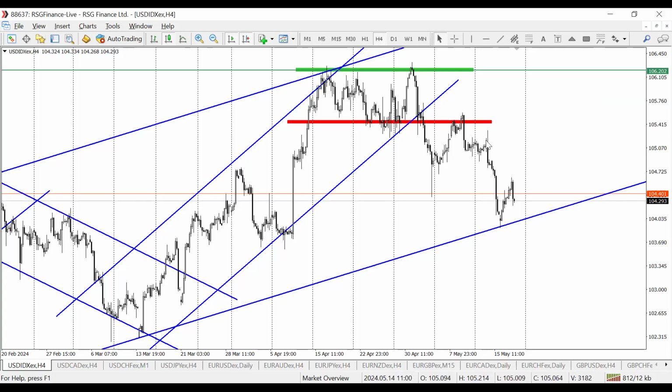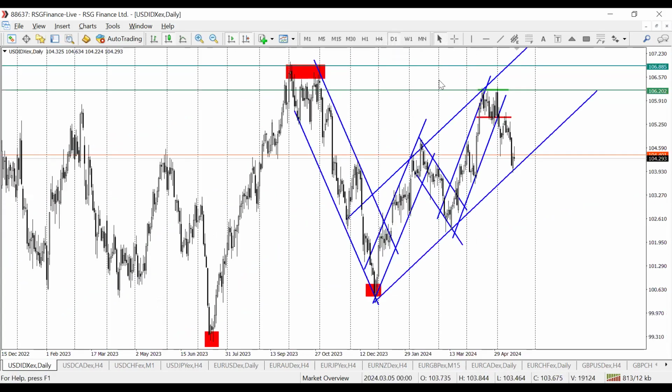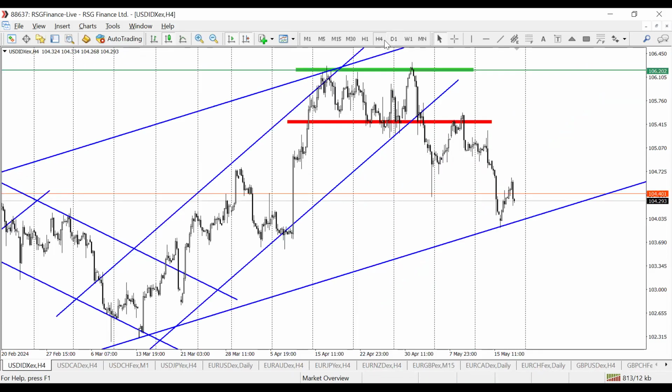So don't be surprised if we get a breakout to the upside, because originally we've been anticipating that price should rally towards this high, which is around the 106.885 level. So this is our anticipation, and you could see that that is almost playing out.